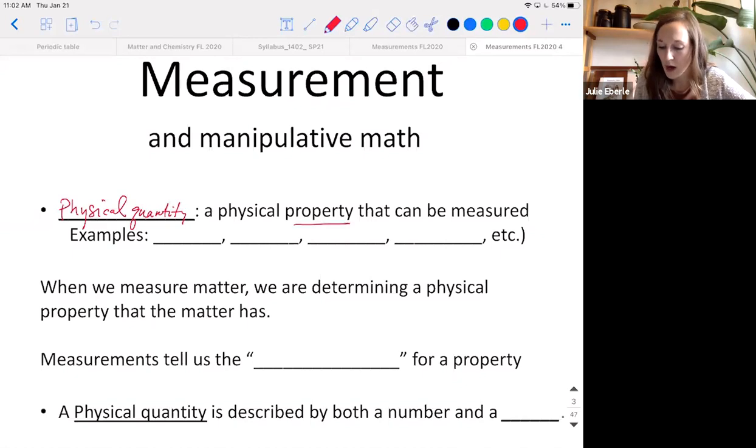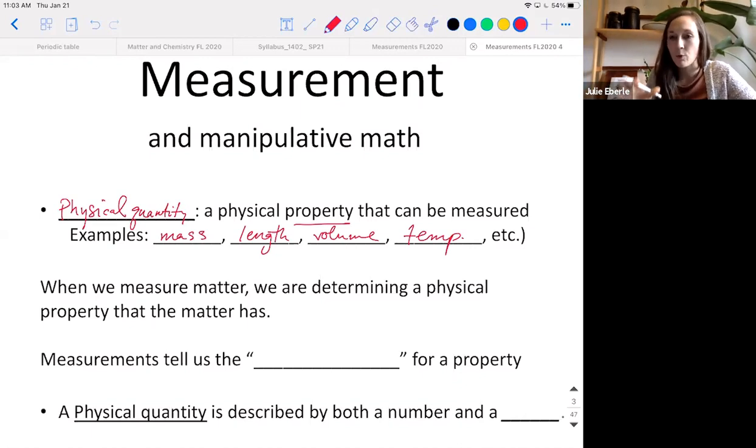This is just a property that can be measured. Some examples: we've got mass, length, volume. These are all ways we can examine some kind of matter. We can measure temperature as well. And when we make a measurement on these properties, we are looking at a physical characteristic of that matter.